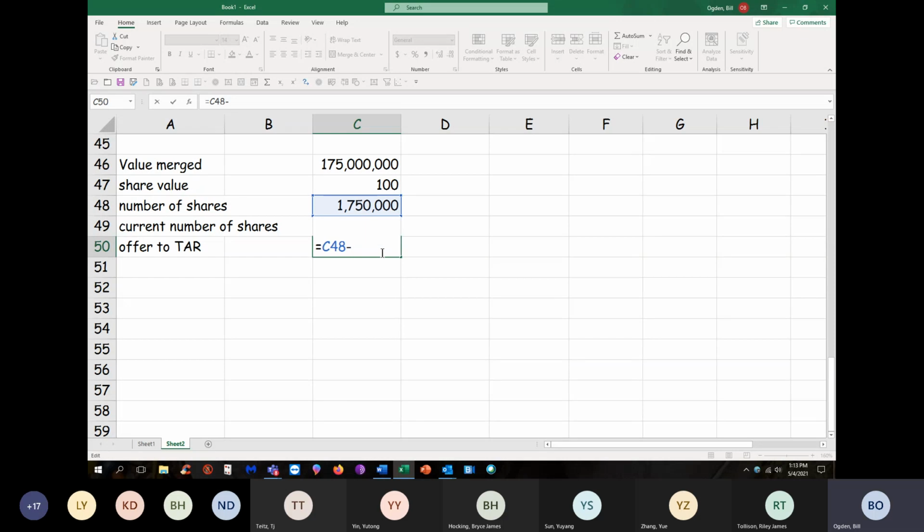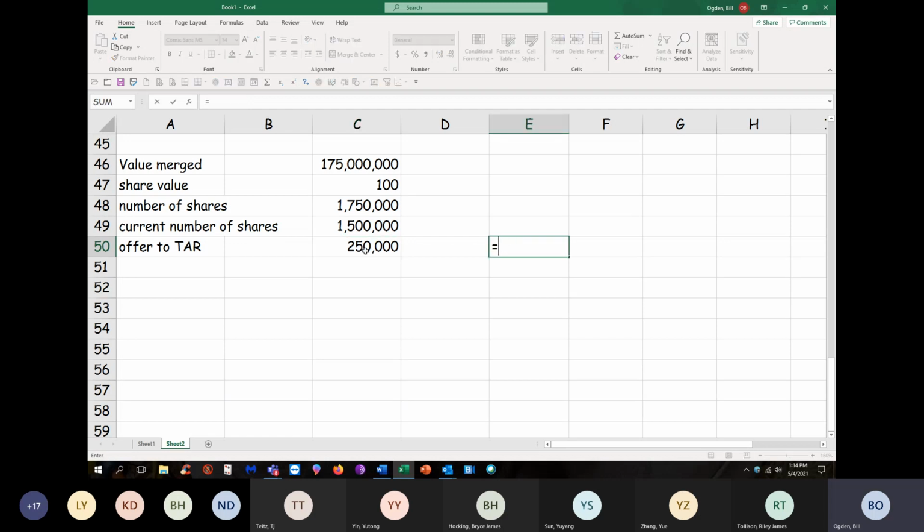What have I done? Let's start over. So they offer them a maximum of 250,000 shares of ACQ stock for the 500,000 shares of TAR.